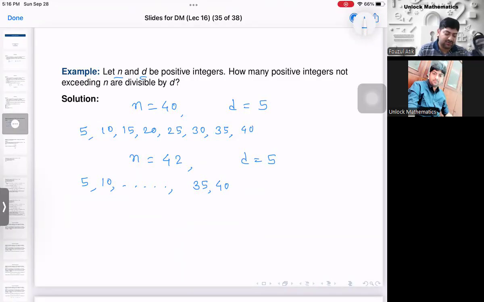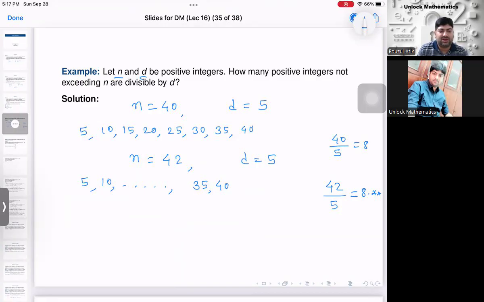What we are doing is, 40 by 5 is 8. What is 42 by 5? It is 8 point something. But in both cases the answer is 8.